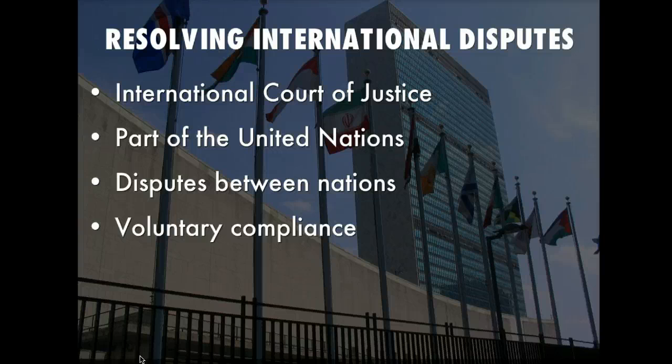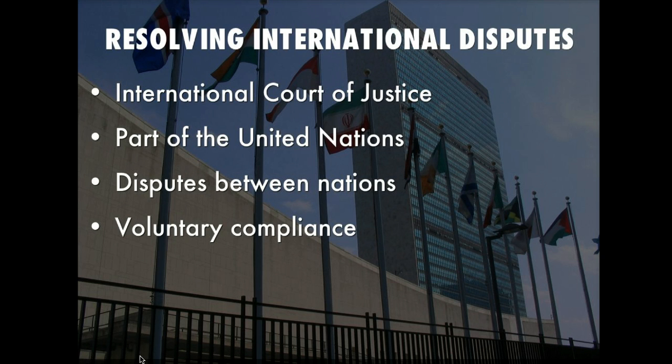As a practical matter for businesses, this is not a court that a business would be using because the business isn't a country. The thing with the International Court of Justice, in addition to how it's limited in the kinds of disputes it can hear, is that it also depends on voluntary compliance.